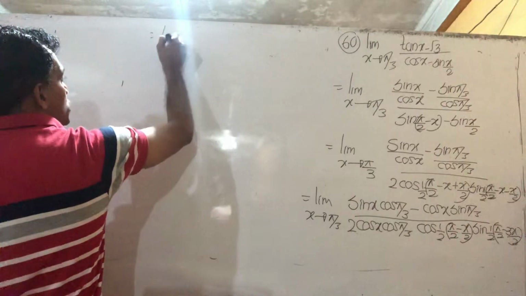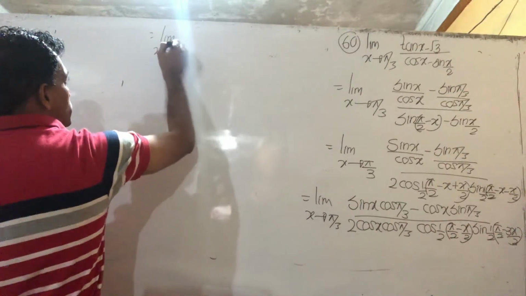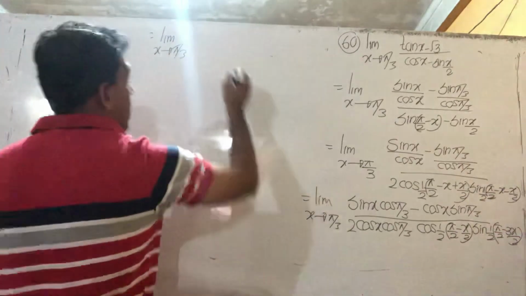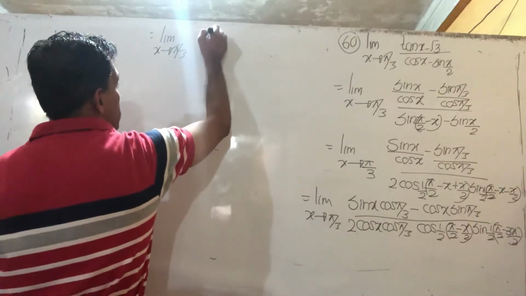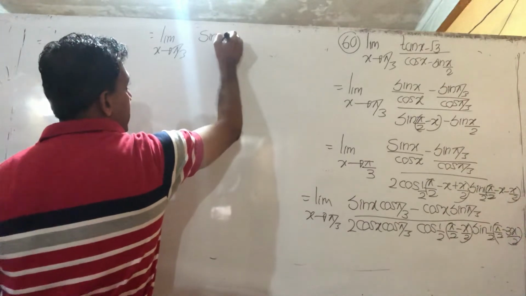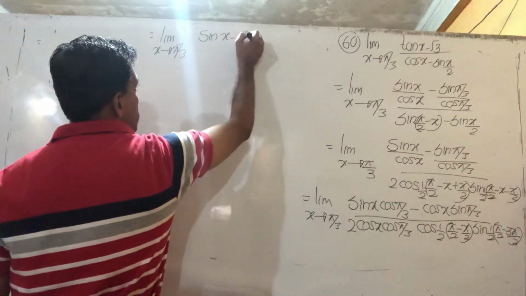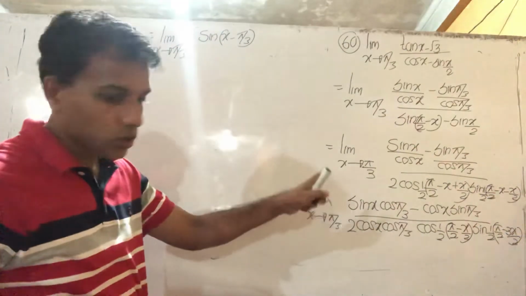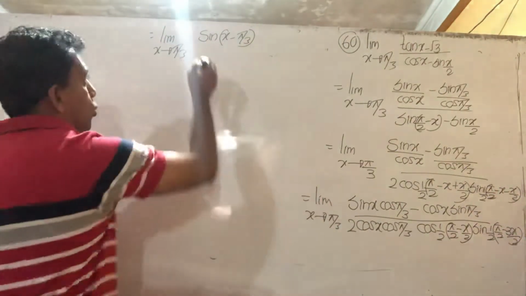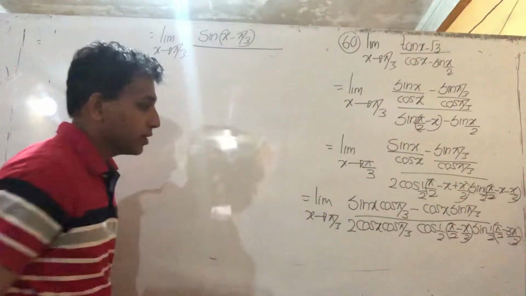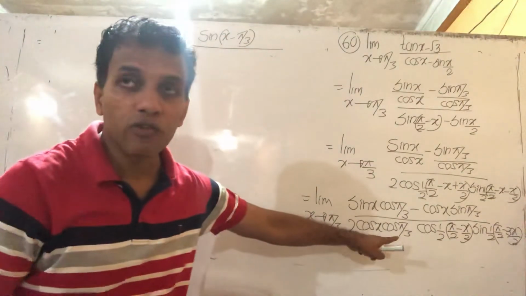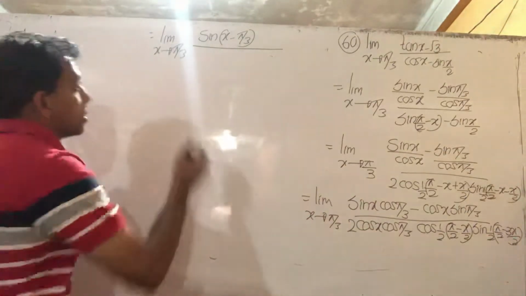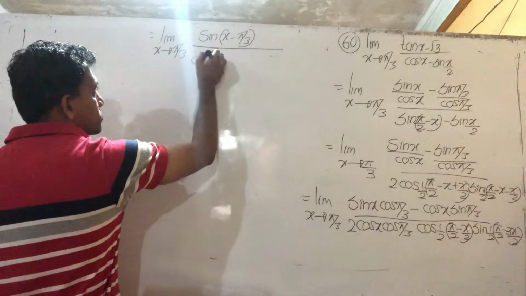Limit x tends to pi by 3, but that sin a minus b, can write sin x minus pi by 3. You know cos pi by 3 is half, cos 60 is half, and this 2 is cancelled, therefore cos x remaining.